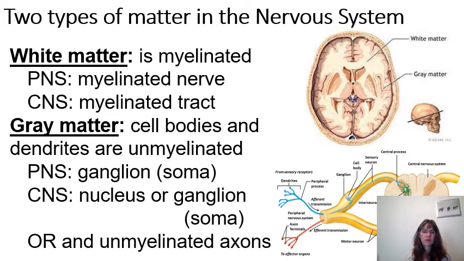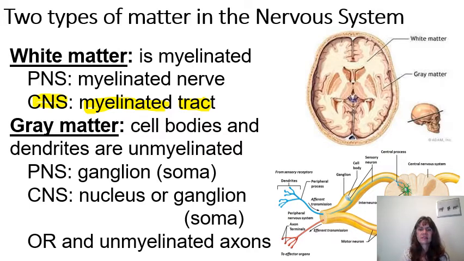Before we go on with neuroglial cells, let's discuss myelin a little bit further. Wherever we have myelin on axons in the central nervous system, and those axons run in the same direction, we refer to that as a myelinated tract. Myelinated tracts are found in the central nervous system, and they are just groups of myelinated axons that run in the same direction.